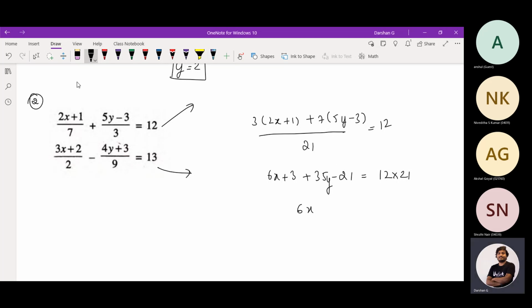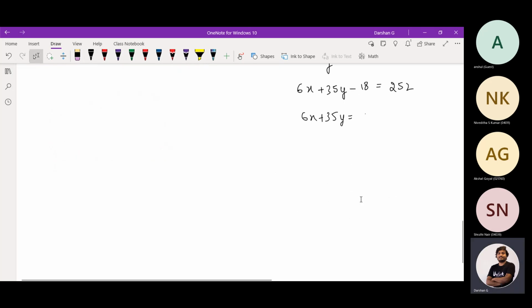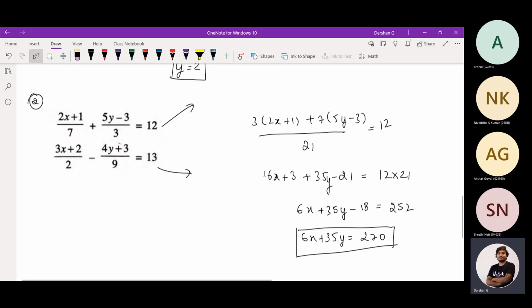So 6x plus 35y minus 18 equals 252. So 6x plus 35y equals 270. This is my first equation. If I want, I can divide everything by 2 and make a more refined equation. That depends on you guys.